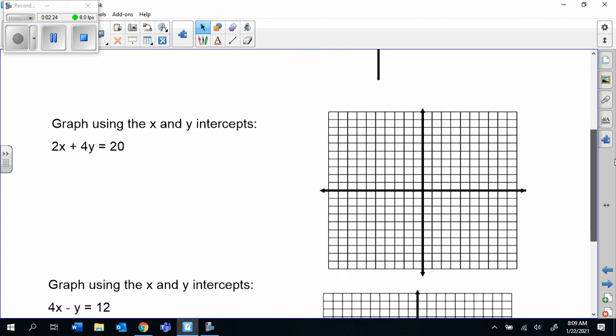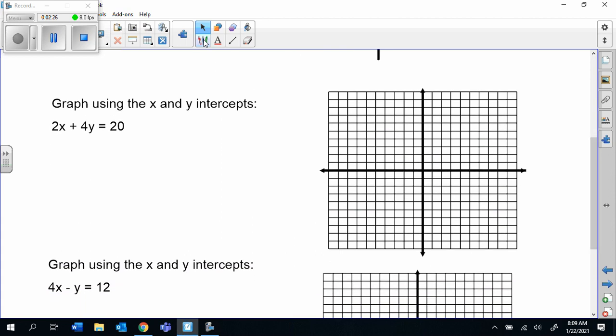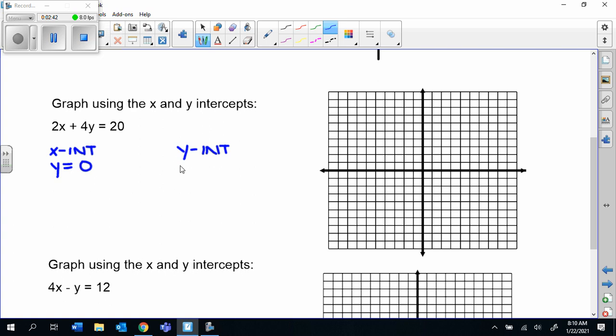Let's put it into practice, and I think it'll click even better. So for the x-intercept, it's in reverse. The y value is equal to 0. And for the y-intercept, the x value is equal to 0. So usually when I do these, I kind of write them in little columns, set it up all nice and neat like that.